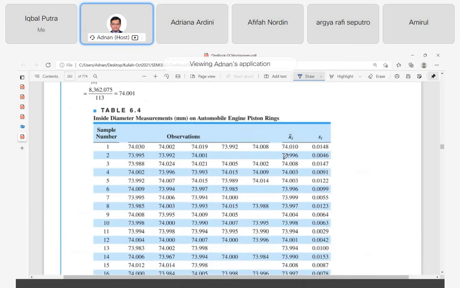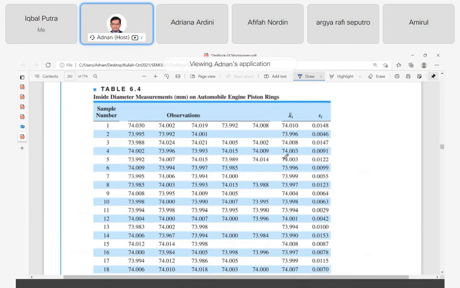If we look at this example here, 1, 2, 3, 4, 5. So the first subgroup here we have 5, but the second subgroup we only have 1, 2, 3. We don't have sample number 4, number 5. No sample.